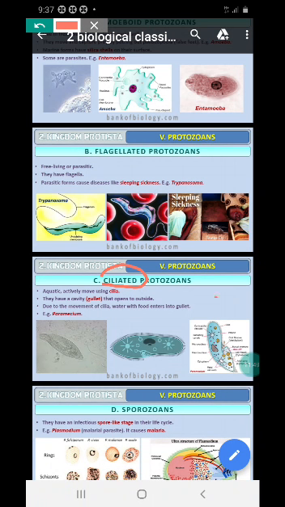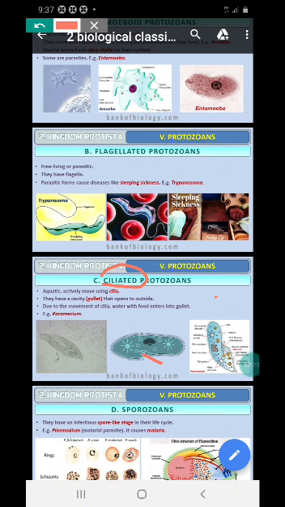It helps to move, and with the ciliary movement, the water is pushed towards the gullet, which is the opening of the mouth of this organism. The water along with food and other materials passes inside this paramecium. Clear? So the organ for movement is cilia, so they are called as ciliated protozoans.